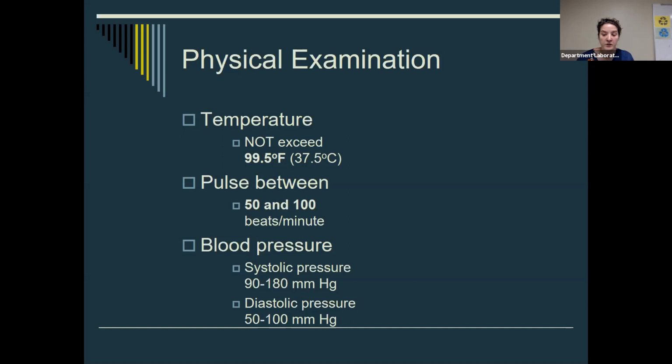And then blood pressure, your systolic pressure must be 90 to 180 millimeters of mercury, and then your diastolic must be 50 to 100. So for those patients that have high blood pressure, maybe they're on blood pressure medications. There are some medications that are deferral as well, but blood pressure medication is usually an acceptable medication.